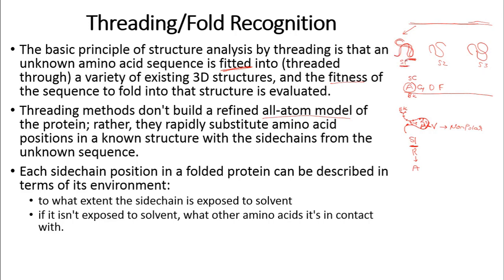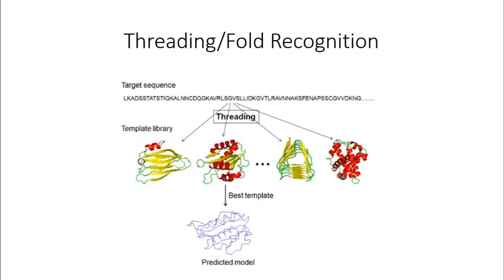So what do we call this method? We call it fold recognition or threading. So this is what we are doing. What we have over here is a sequence and a template library or a fold library, and we would try to fit our sequence into these multiple proteins and evaluate whether they properly fit or not.